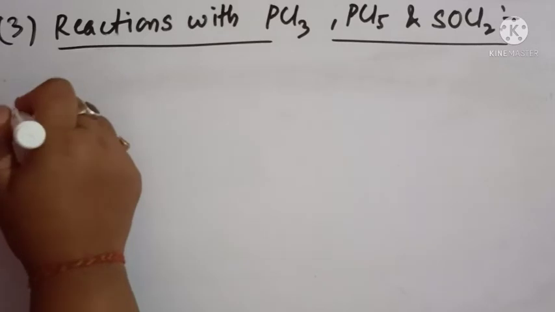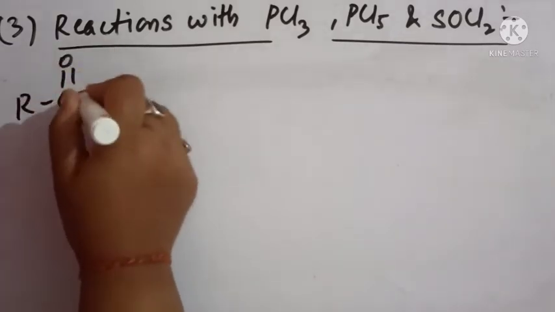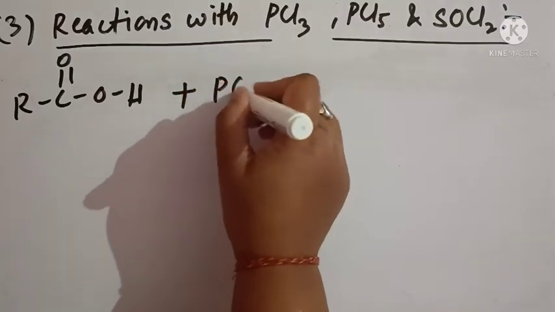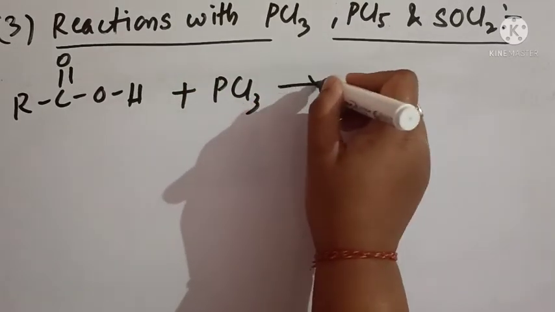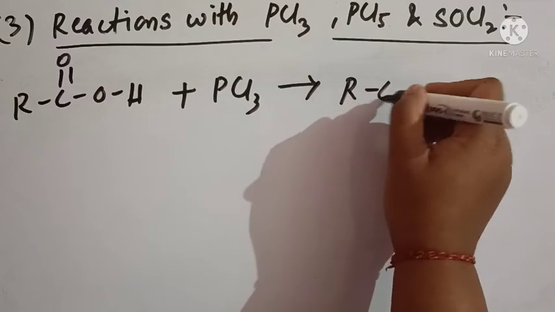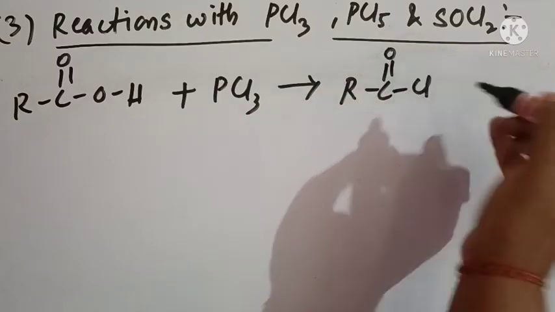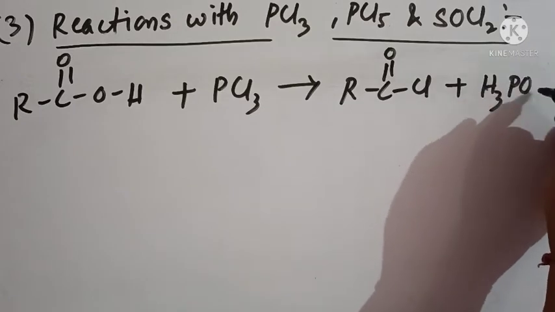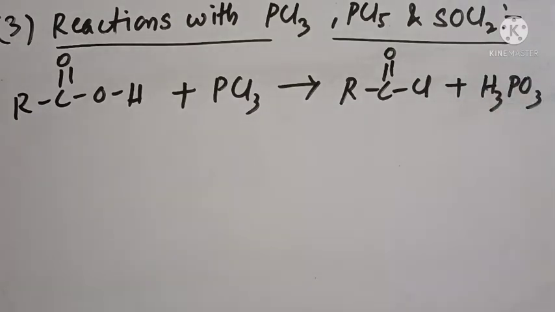So let me just write the reaction. A general one: when the carboxylic acid is treated with PCl3, say, it will give you the corresponding acid chloride along with H3PO3. The byproduct will remain the same as that of the alcohol.